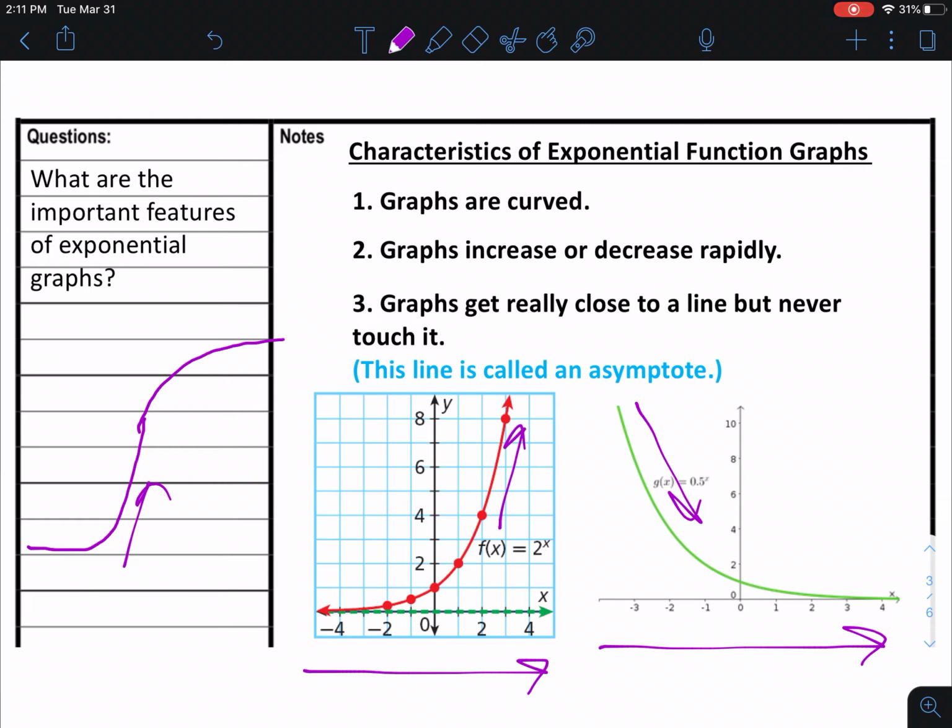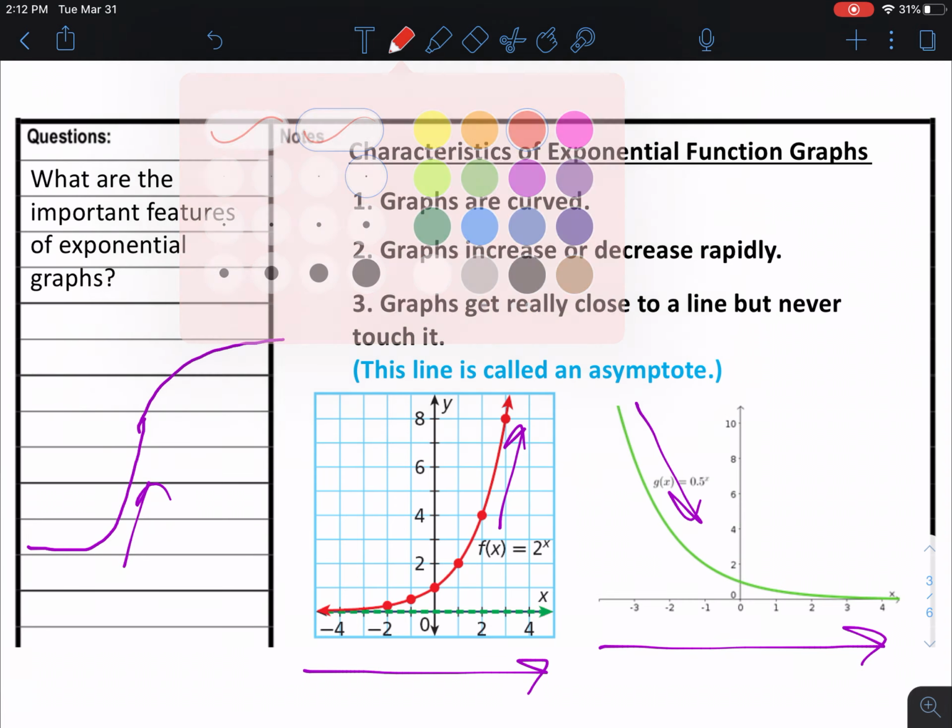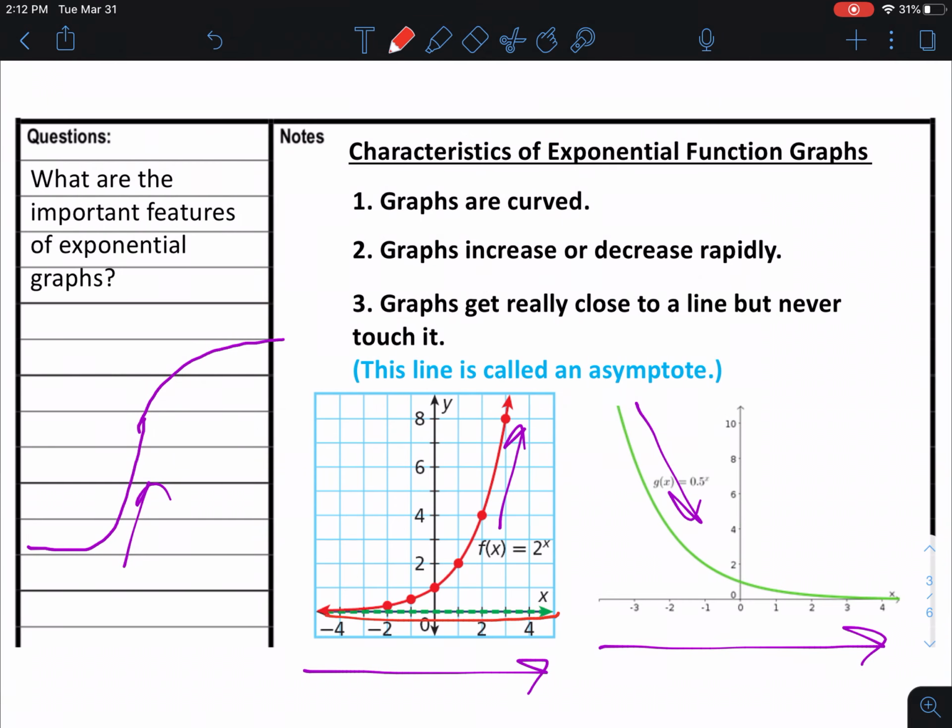Also, the last thing is exponential functions get really, really close to a line, but they will actually never touch it. In this first graph, that line is what was green. That graph over on this section gets really, really close to that line, but never really touches it.